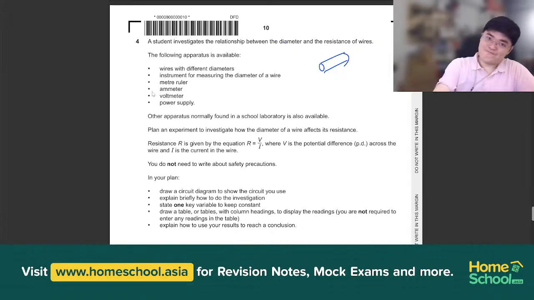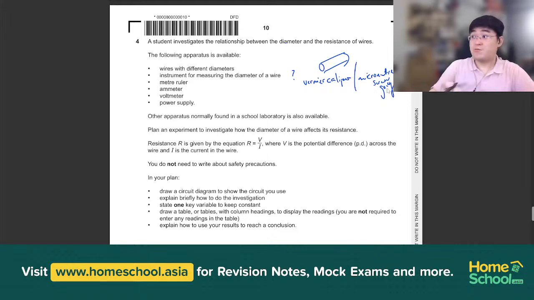Over here, the apparatus available are wires with different diameters, and an instrument for measuring the diameter of the wire, which is basically the vernier caliper, or a micrometer screw gauge. One of these two will work.